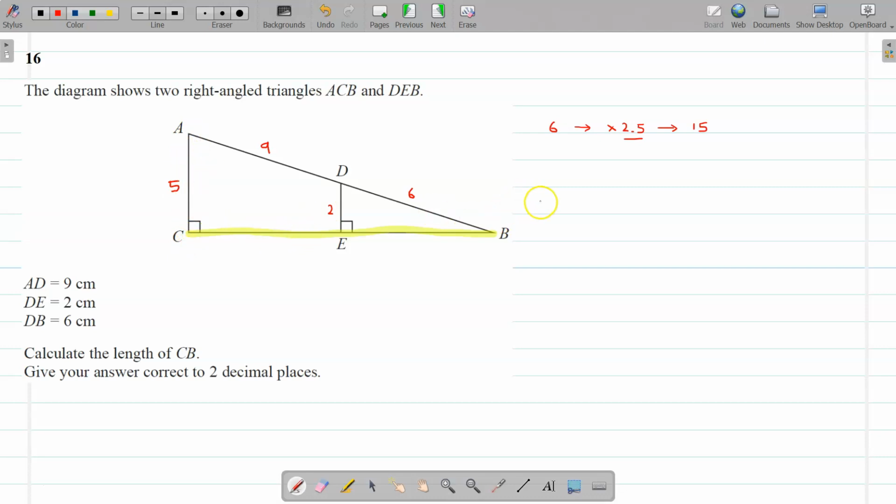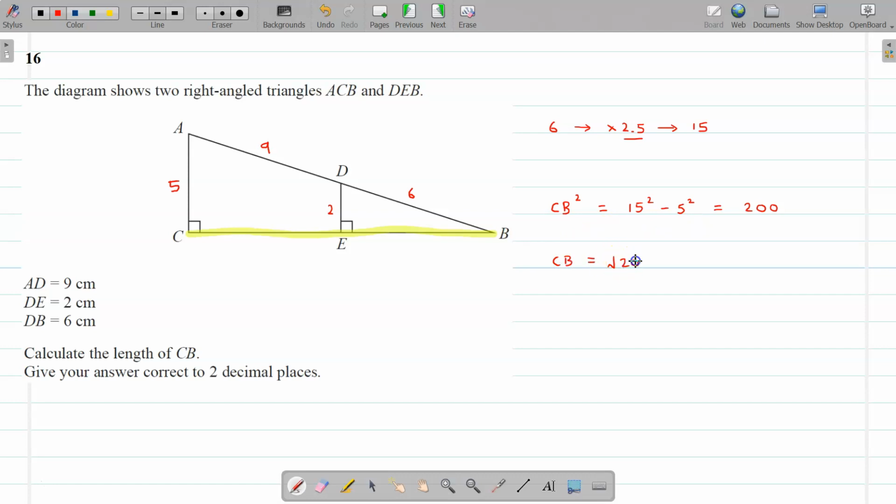So I can say quite simply that CB squared, that's the length CB, is equal to 15 squared, that's the total length of AB, the hypotenuse, 15 squared minus 5 squared. Well, that's 225 minus 25, which is 200. So CB is simply going to be the square root of 200.